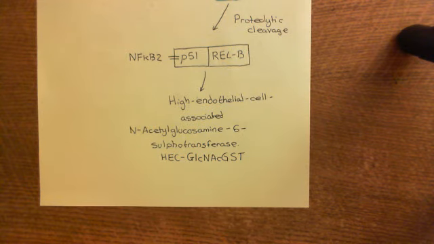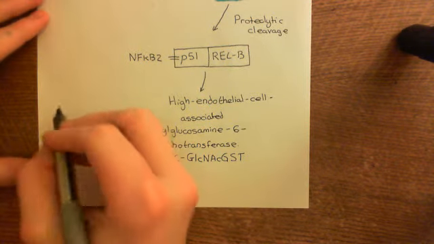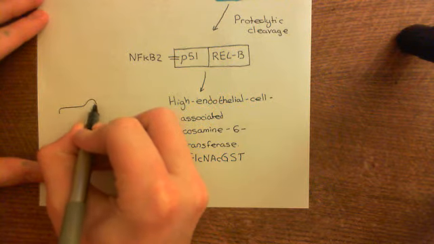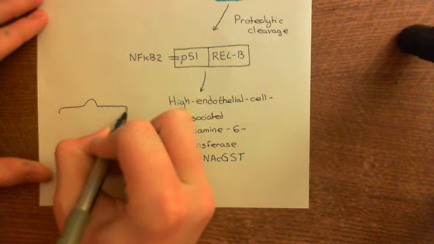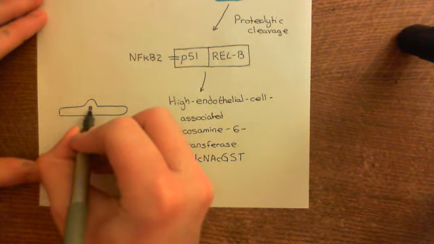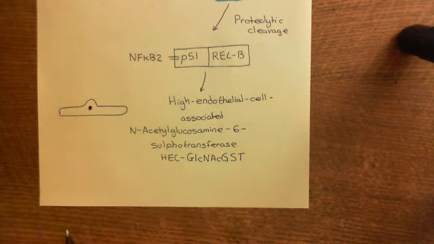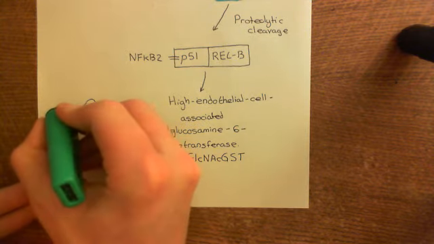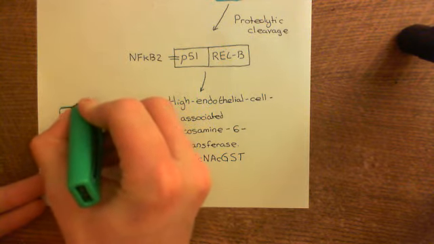Okay, so what is this enzyme going to do? Well, basically it's going to be expressed in these endothelial cells, and then it is going to work on the glycocalyx. So here is the endothelial cell, and we have a glycocalyx on the apical membrane of this endothelial cell, which, remember, has a huge number of polysaccharides within it.